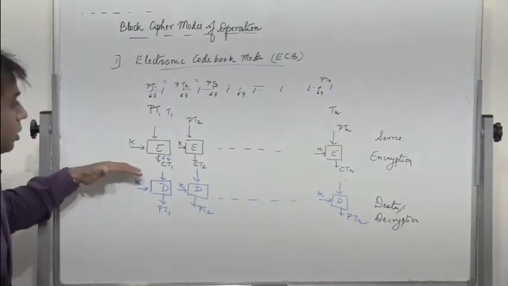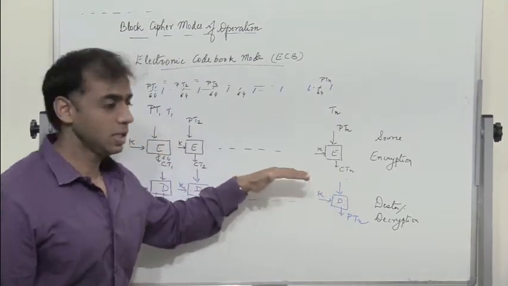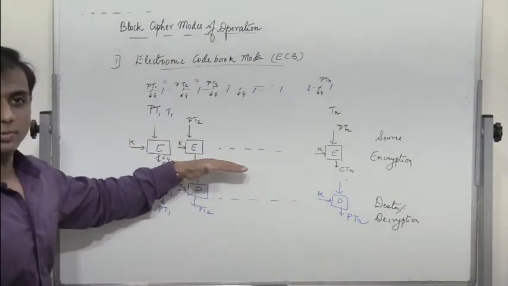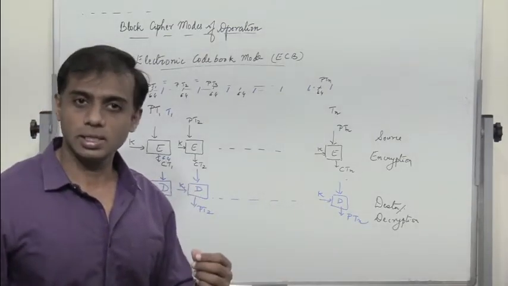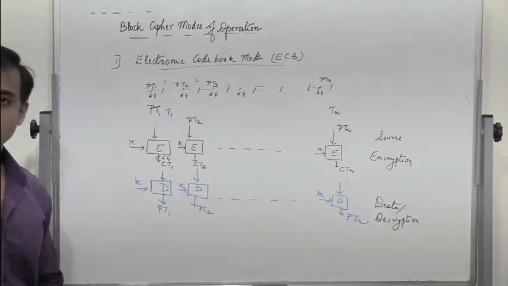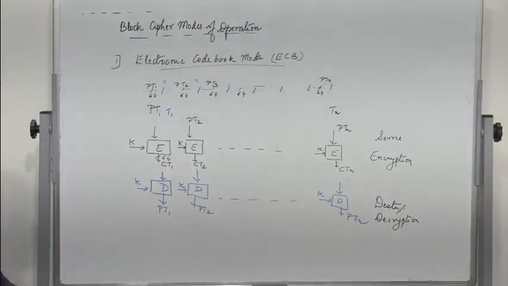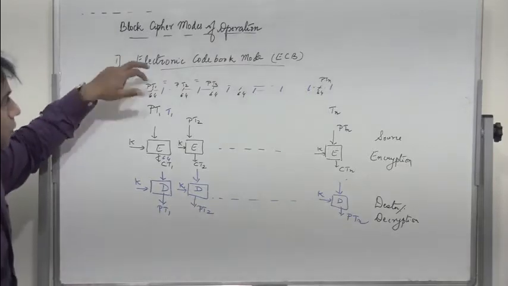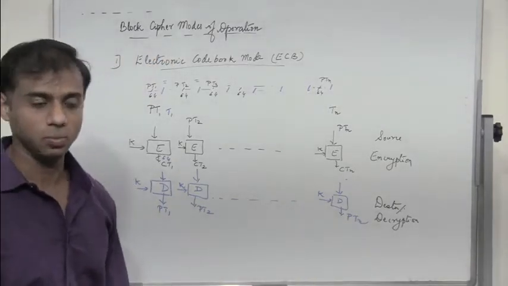These regularities which appear in the ciphertext give the cryptanalyst a chance to predict either the key or the plain text. In order to avoid this, we go in for the next method of using a block cipher, which is known as cipher block chaining mode.